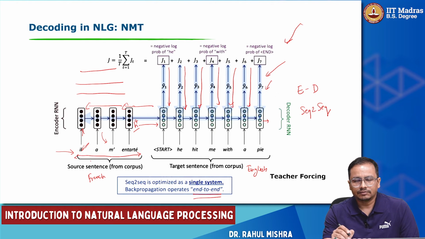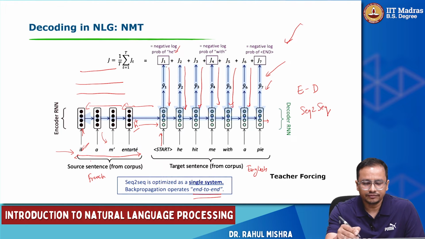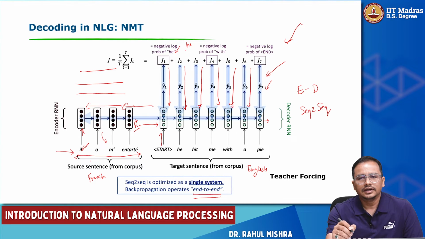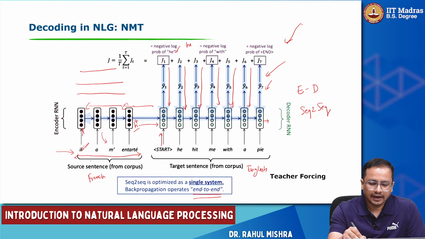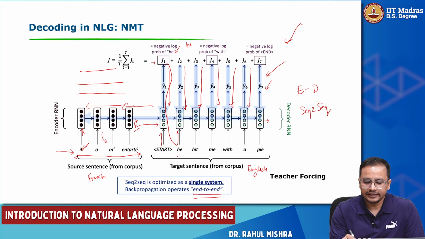Now the difference comes into the picture. At inference time, we were also feeding start, which is the same, and let's say we generated "he" here. But in training we know the answer, so we know what should be here, and if it generated something else, we need to compute the cross entropy loss, and let's say we get this loss here. Then in the next step, rather than feeding back the generated word, we already know the answer, so we will feed from the training set itself.